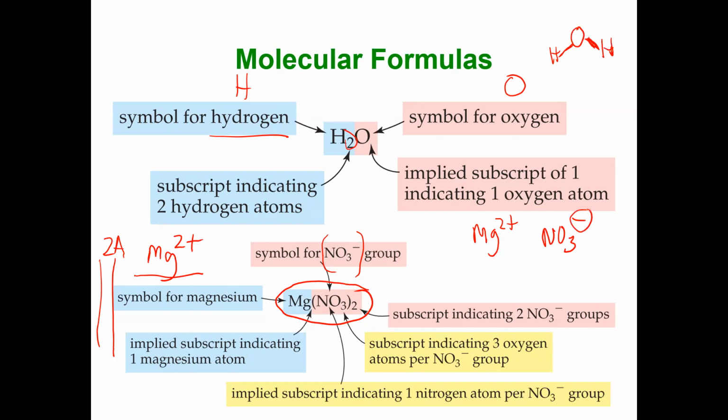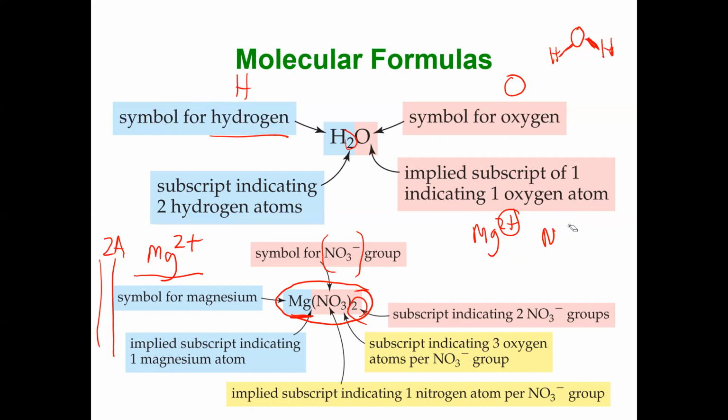You do what I call a crisscross. You take that number, you put it over here. You take that number, you put it over here. Well, there's really just a 1 for the nitrate. So we only have 1 magnesium, but we have 2 nitrates. That's why we use that subscript 2. We need 2 nitrates to cancel out the 2+.